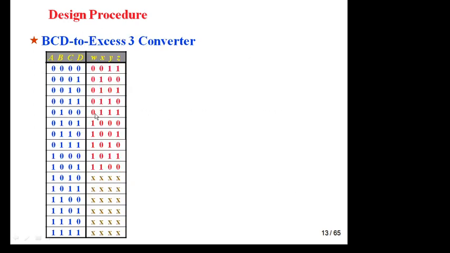Then just draw the truth table. Suppose input ABCD is 0 0 0 0, and this is XS3 code: 0 plus 3 is 3, so 0 0 1 1, then 0 0 0 1 gives 0 1 0 0, next 0 0 1 0 gives 0 1 0 1. Similarly, suppose this is 9, 9 plus 3 is 12, so 1 1 0 0. And you know in BCD code only valid digits are 0 to 9.